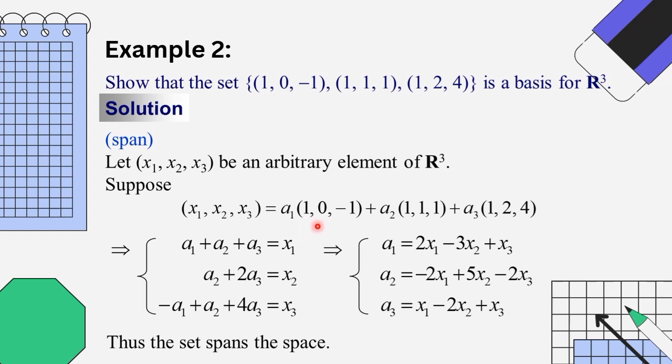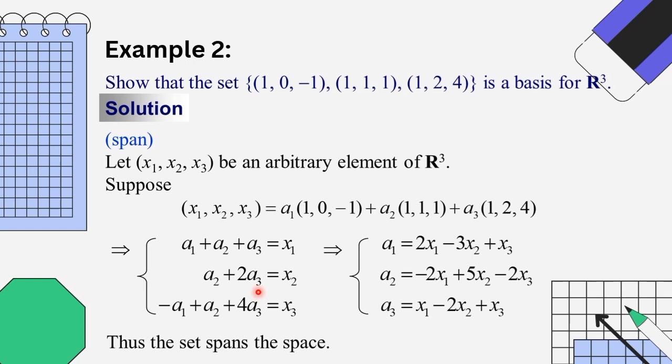A sub 1 times 0 is 0, that's why we cannot see any a sub 1 in the second equation. Then a sub 2 times 1 gives a sub 2, and a sub 3 times 2 gives 2a sub 3.